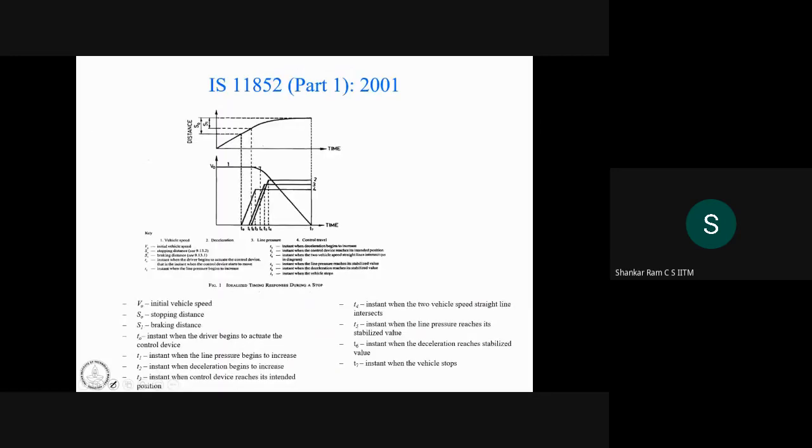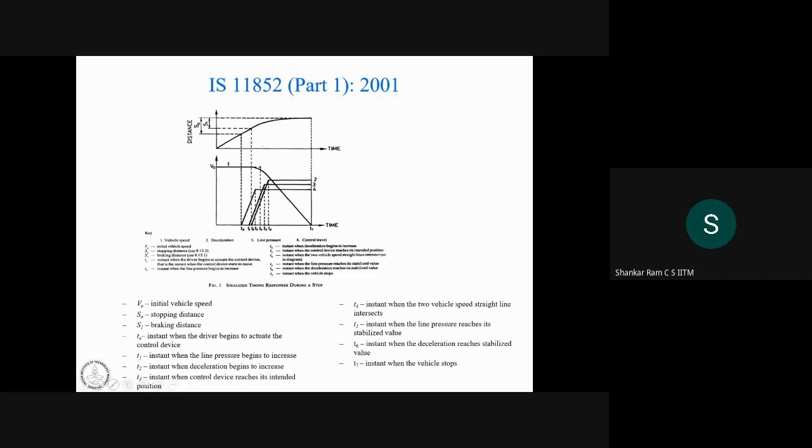So let's move on to the next topic that I wanted to discuss in today's session, which is the corresponding IS standard, the Indian standard for braking, and one important parameter that comes out of it. This figure I have taken from the standard IS 11852, which gives us the standard for braking of road vehicles.